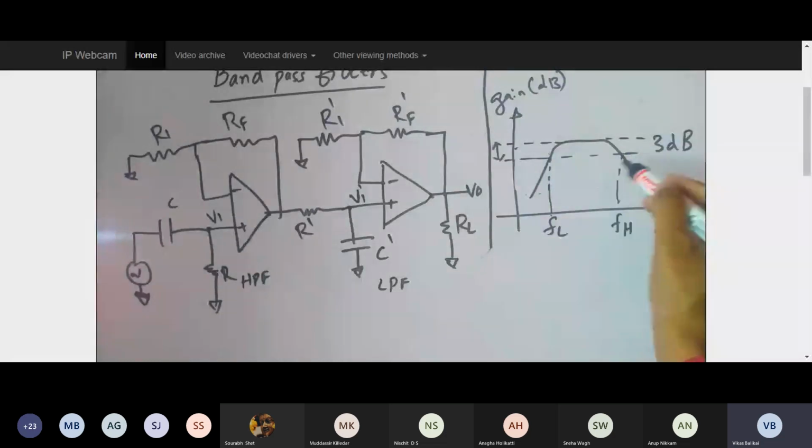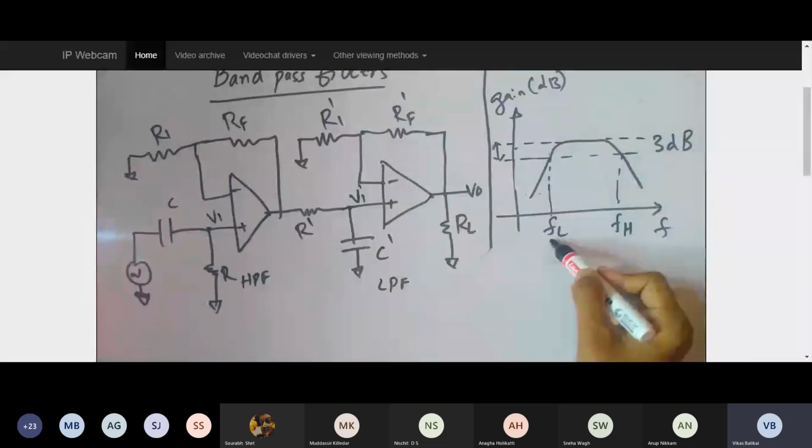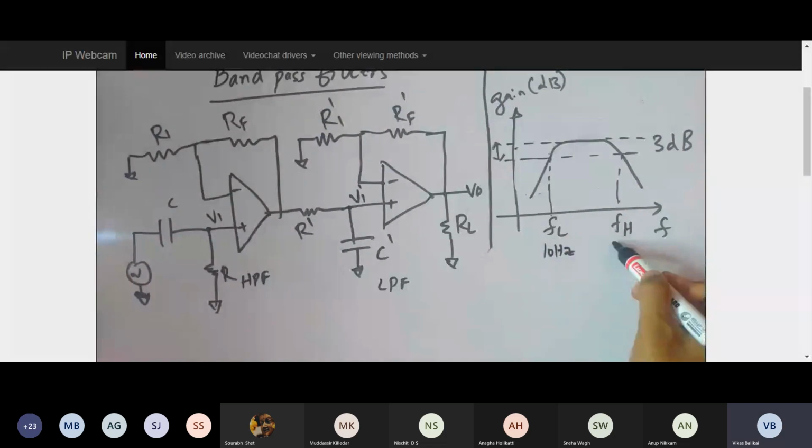Now, let's say FL is 10 hertz, and if I'm taking FH as 10 kilohertz, what does this mean? This band pass filter is going to allow the frequencies between 10 hertz and 10 kilohertz.